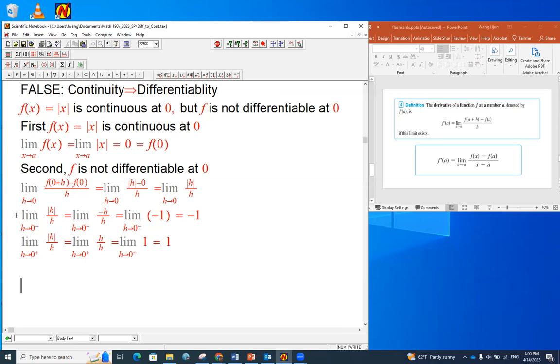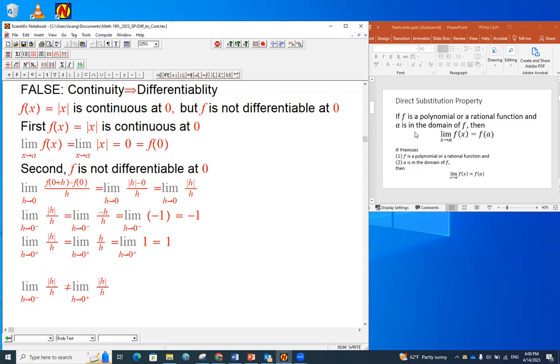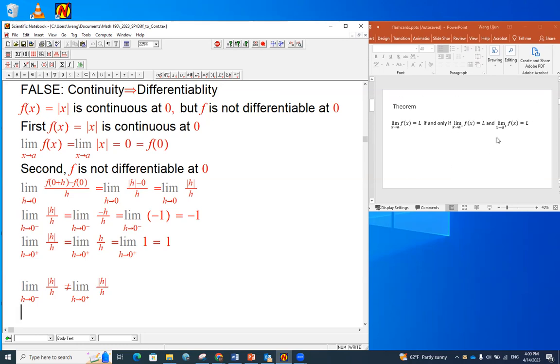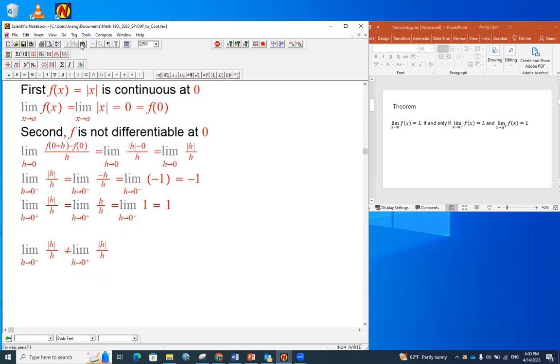So the limit from left and the limit from right are not the same. What does that mean? We're back to that basic theorem we learned a long time ago: if the limit from left and the limit from right are not the same, this limit does not exist.